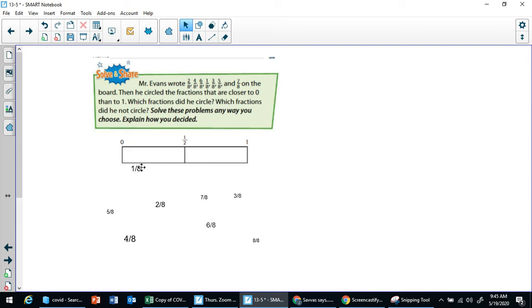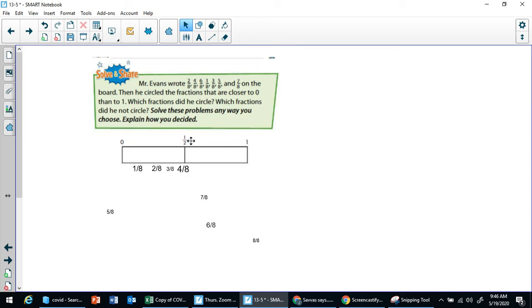If this was broken up into eighths, I know that I would have 1/8, 2/8, 3/8, 4/8. And let's stop for a second and talk. I'm sorry, they are not completely evenly distributed. It's kind of hard when you're using the little tool here.